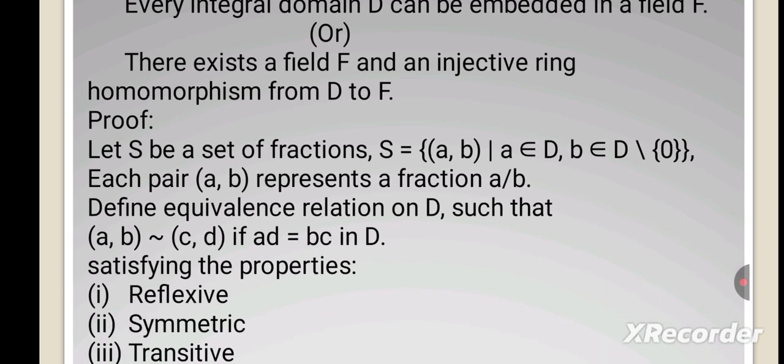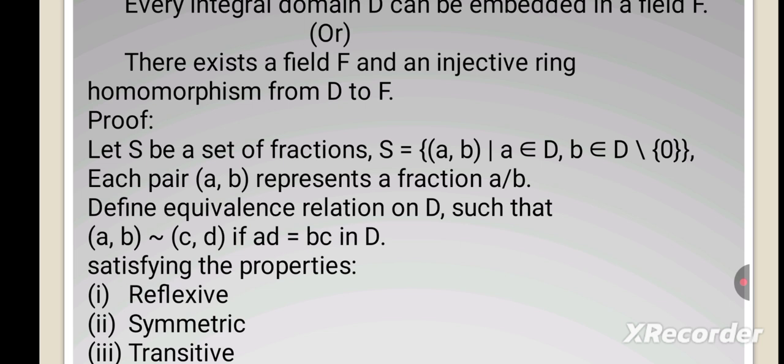Proof. For the proof, let us consider S to be a set of fractions such that S is equal to the set of pairs (a, b), where a belongs to D, b belongs to D and b is not 0. Each pair (a, b) represents a fraction a by b.